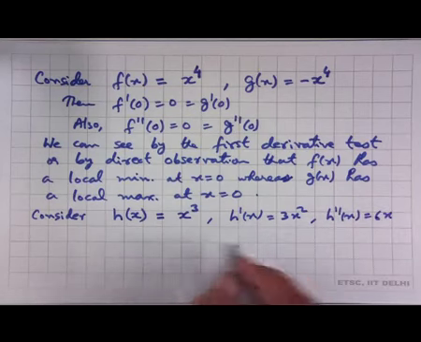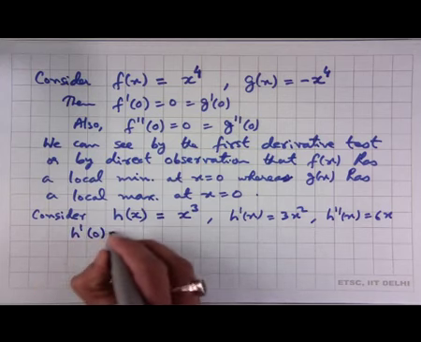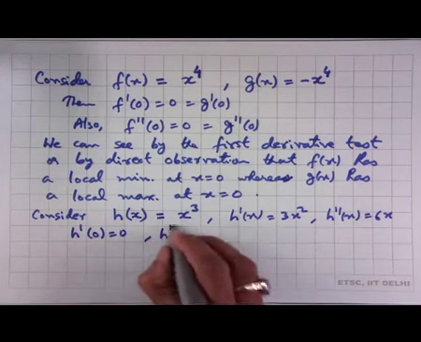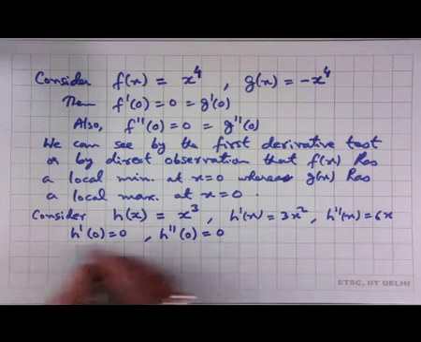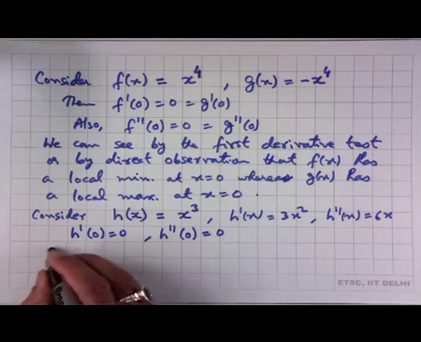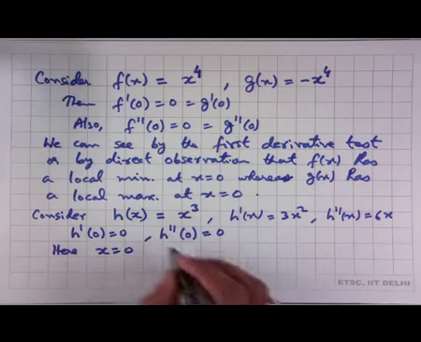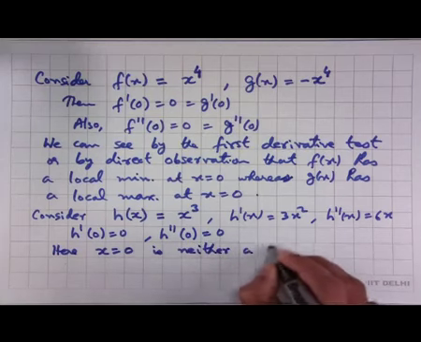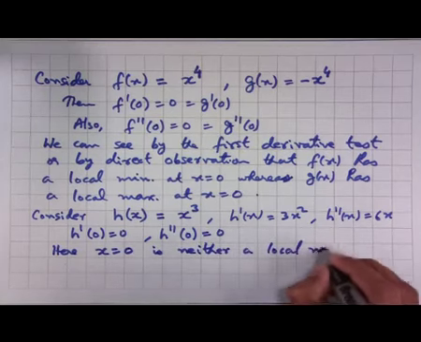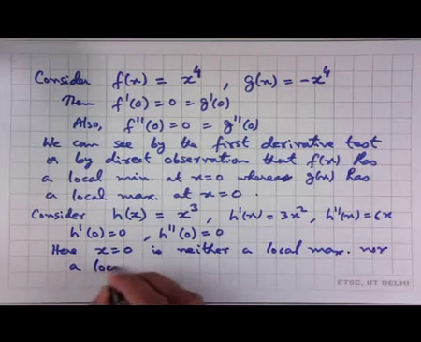So, in this case we again see that h prime 0 is 0, h double prime 0 is also 0, but we know that here x equal to 0 is neither a local max nor a local min.